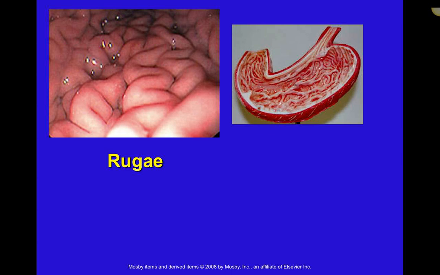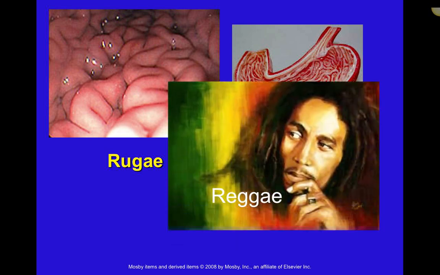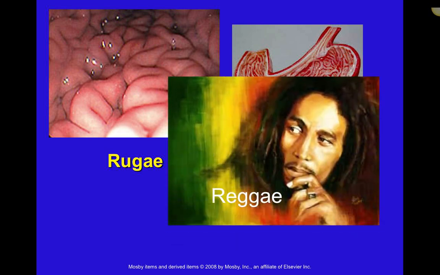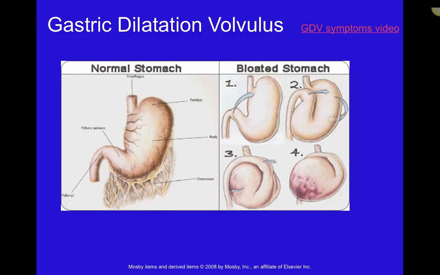The stomach is nice and closed and compact when it's empty, and it can expand significantly when it's full. So all that mucosa is able to expand and allow for greater intake of food and greater absorption of nutrients. Don't confuse rugae with reggae, or else you'll get it wrong on a test.